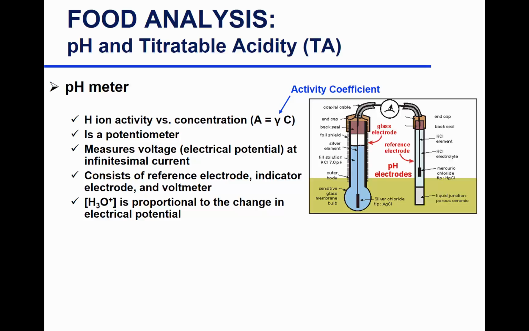The reference electrode and the measuring electrode, when they are in a buffered solution, have a specific potential. When you immerse that electrode or a combination of the two electrodes, there will be a change in that potential, and that change is related to the concentration of the active ion.